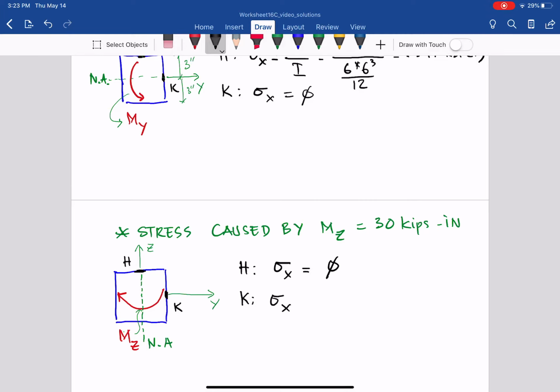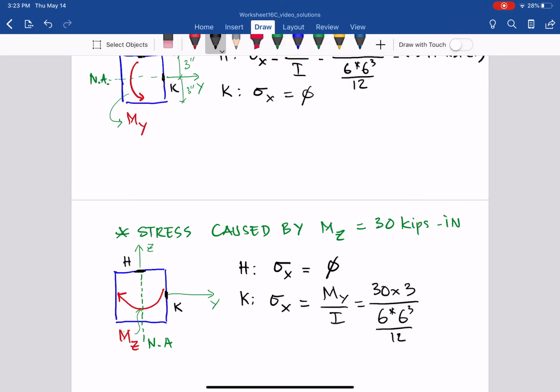So we have sigma X equal to, and as you can see, with that direction of moment, at K we have a tension normal stress. So you will have My over I, and in this case 30 times 3, over I, 6 cubed over 12.